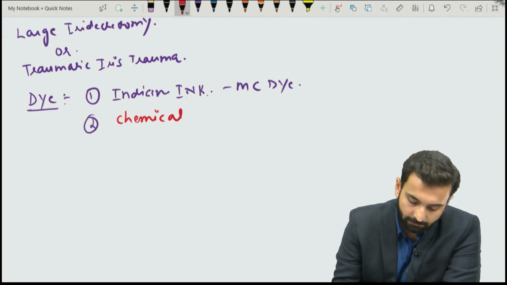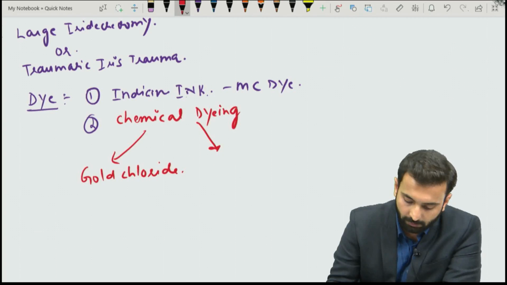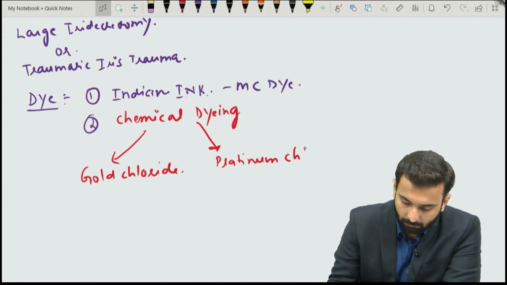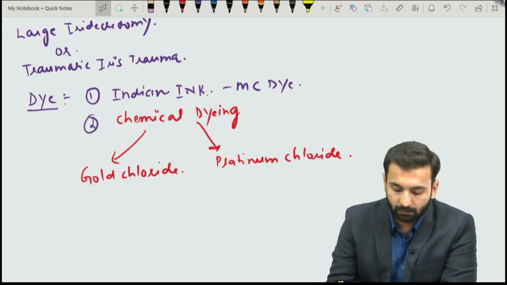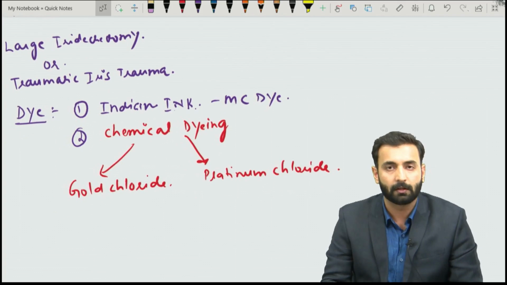Chemical dyes are used. Which dyes? Gold chloride, which is the answer in this question, or we can use platinum chloride. So these are the other methods of performing this procedure, right?